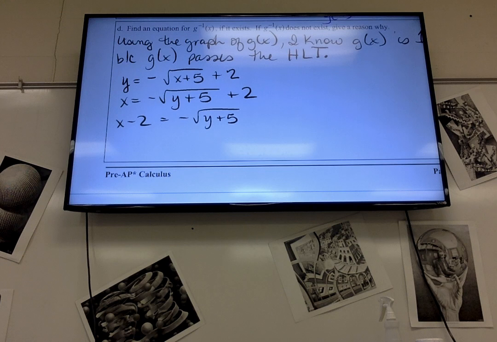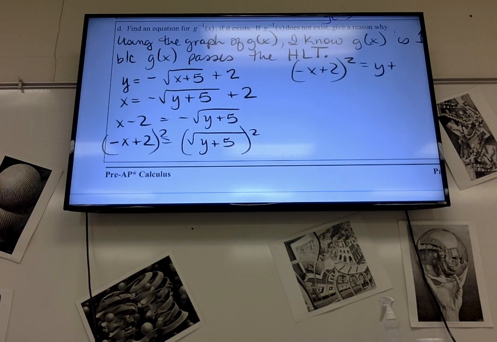It does not matter. I figure most of you would probably divide first. So make that negative x plus 2. And then square both sides. And you would get negative x plus 2 squared equals y plus 5. Subtract 5. So your answer would be g inverse of x equals negative x plus 2 squared minus 5.